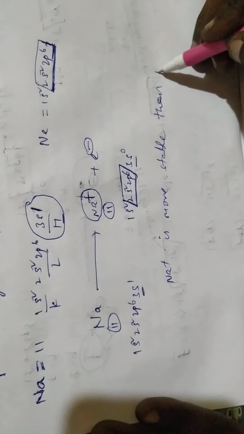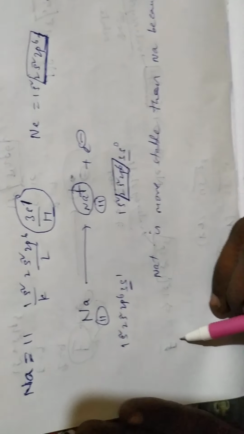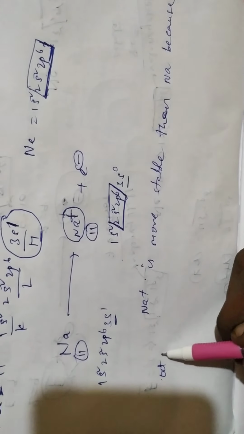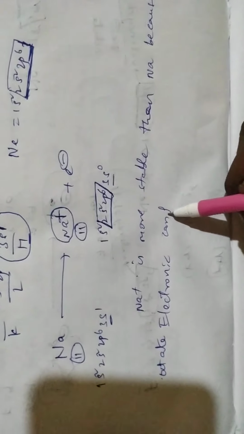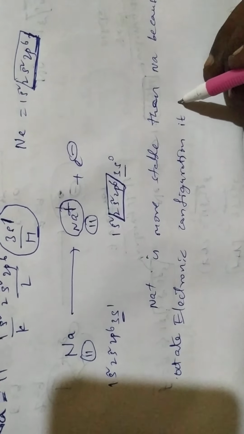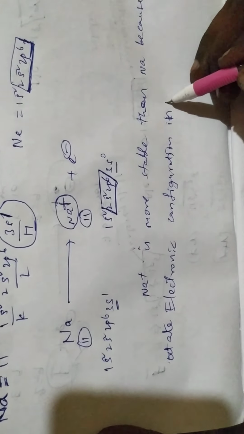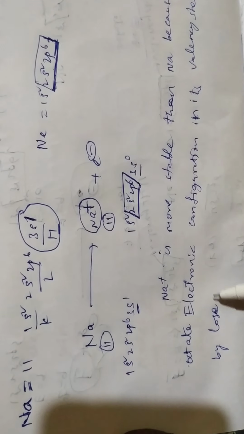Na plus is more stable than Na because of the octet electronic configuration in its valence shell, obtained by the loss of one electron.